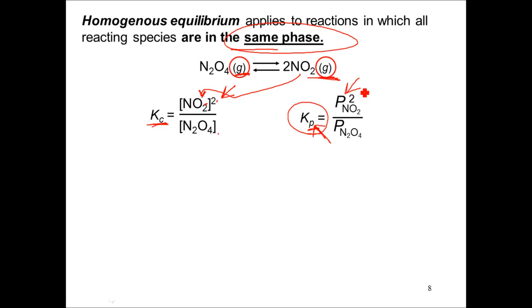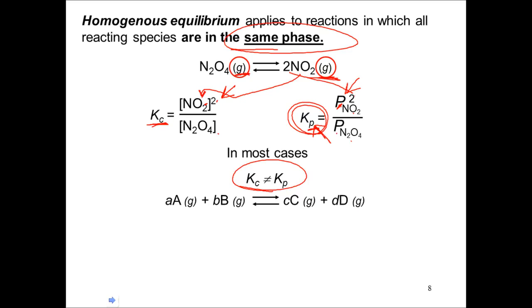So we can solve an equilibrium constant, a Kp, if everybody's a gas, by taking the products, in this case the pressure of NO2 squared, and dividing that by the pressure of your reactant, in this case the N2O4. In most cases, Kc does not equal Kp because, again, look what you're doing, your pressure versus concentration. So this is a very important equation to keep track of here now.